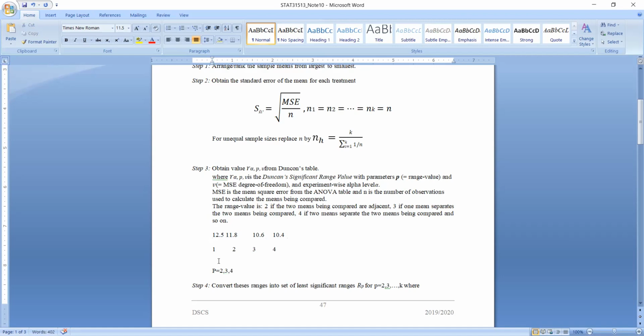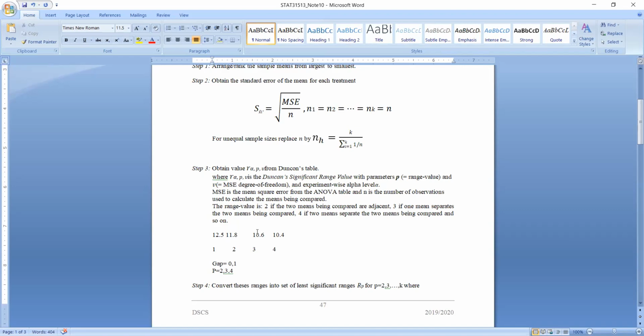So do it like this. When you want to find the possible values for P, first check what values you can get when you compare two means together. When you consider the gap, you can have 0 observations in between when you compare two consecutive means. If you compare another two means, you can have only one mean in the middle, so the gap is 1.